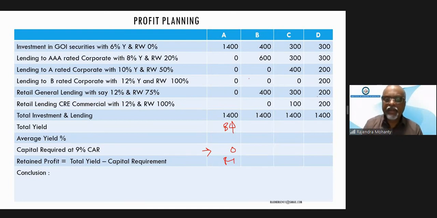Now the second one, do the same thing. What is the total yield for these 3? 120. Everybody is getting 120? Yes, sir. Fine. Now calculate the capital for that.